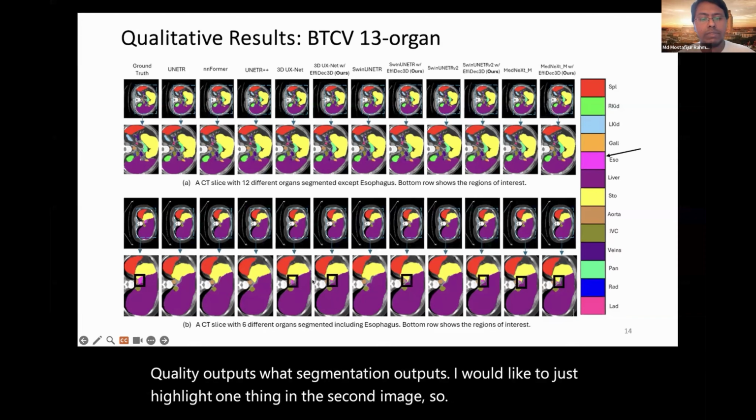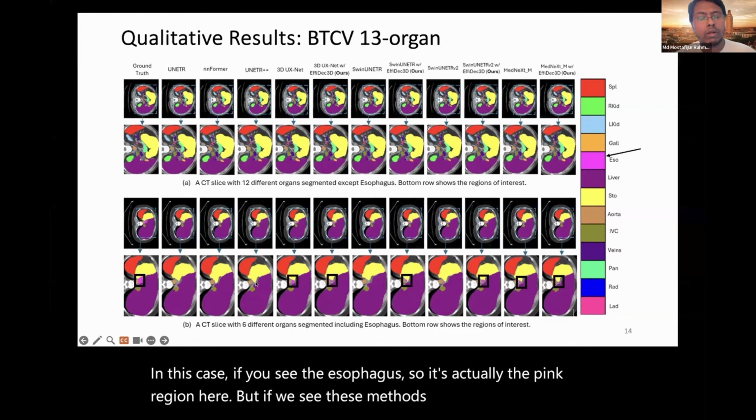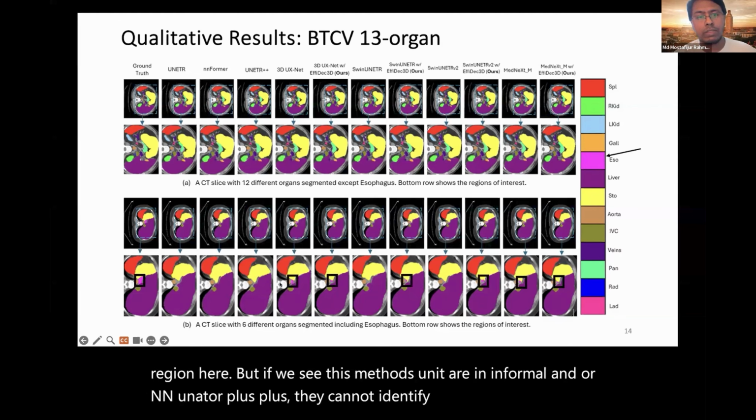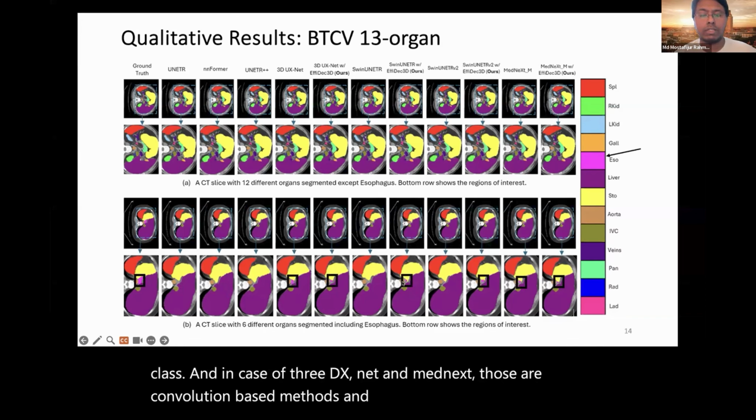In this case, if you see the esophagus, the pink region here, these methods, UNETR, nnFormer, and nnUNETR++, cannot identify or segment this class. In the case of 3D UX-Net and MedNeXt, those are convolution-based methods and do great in these cases.